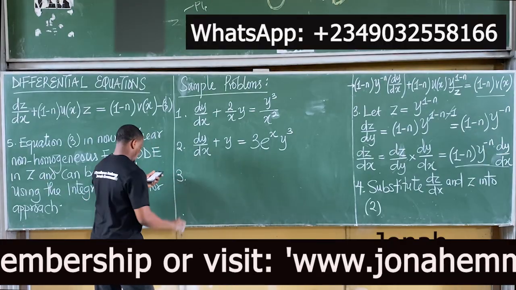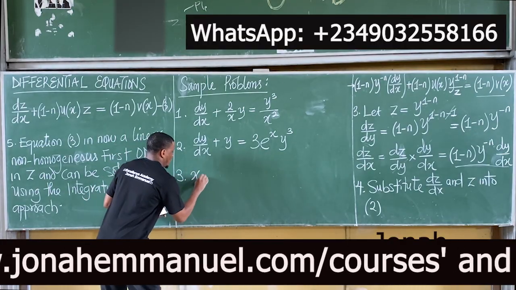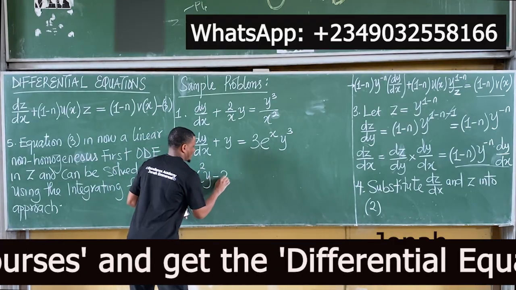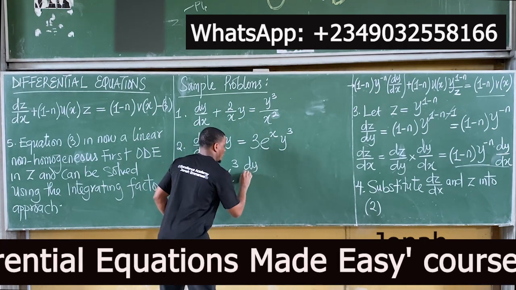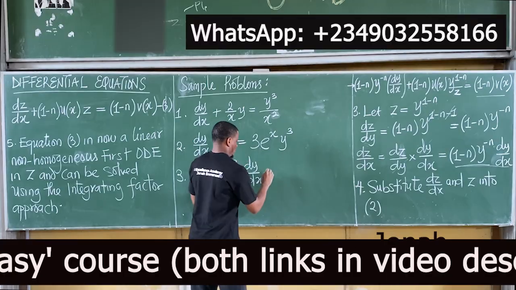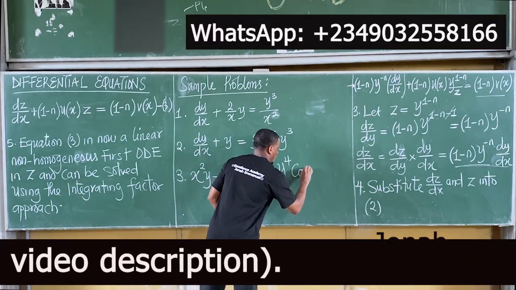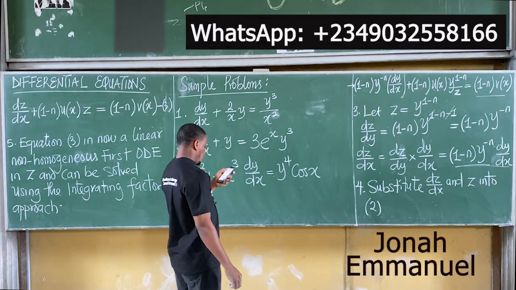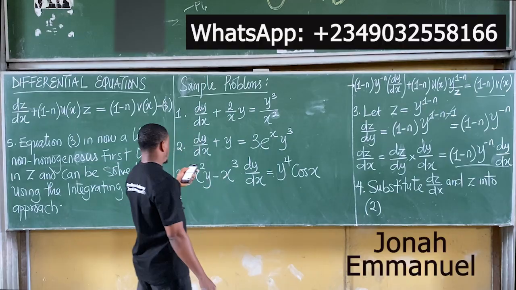Number three, you have x squared y minus x cubed dy/dx equal to y to the power 4 cos x. So you have this. Let me see if I have any other one left.